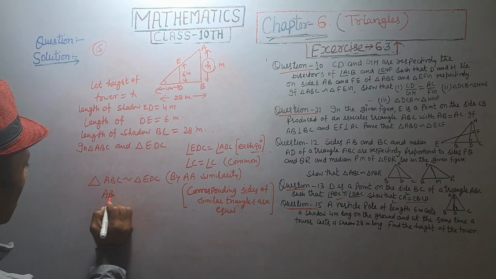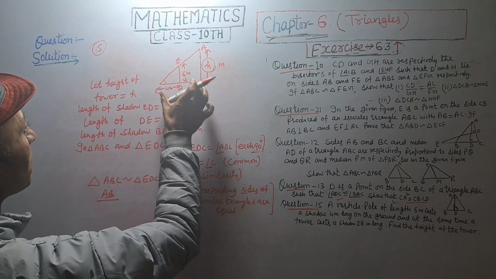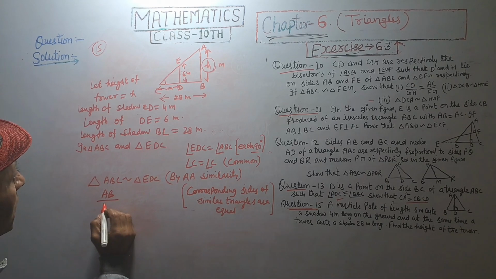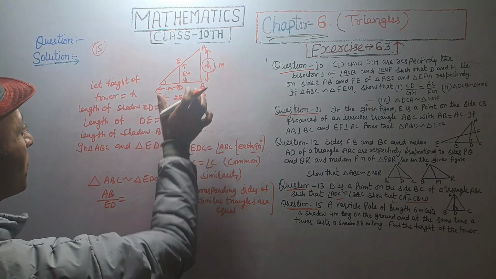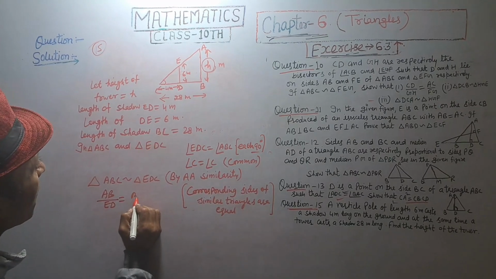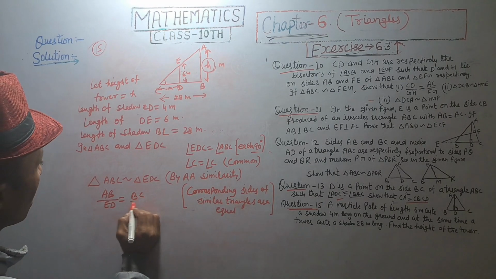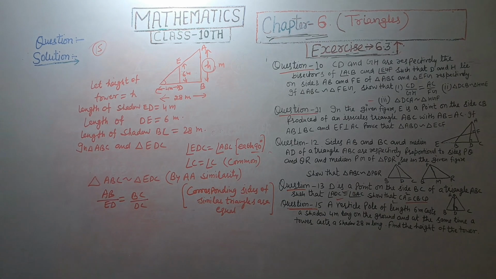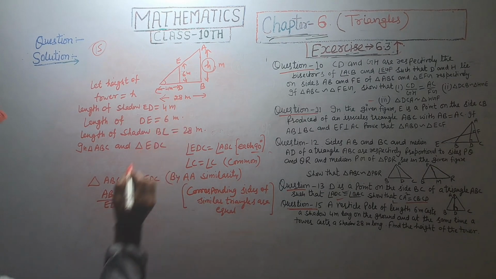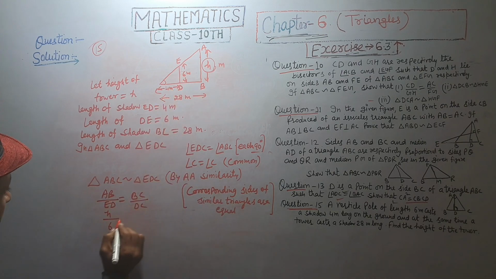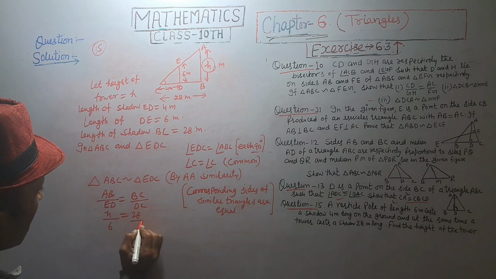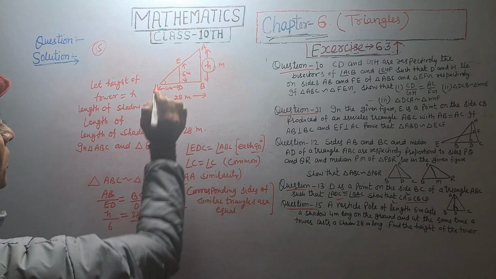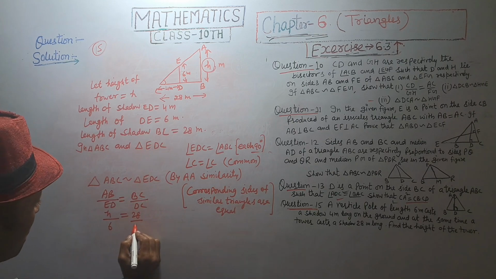AB upon ED is equal to BC upon DC. AB is h upon ED is 6, equal to BC is 28 upon DC is 4.